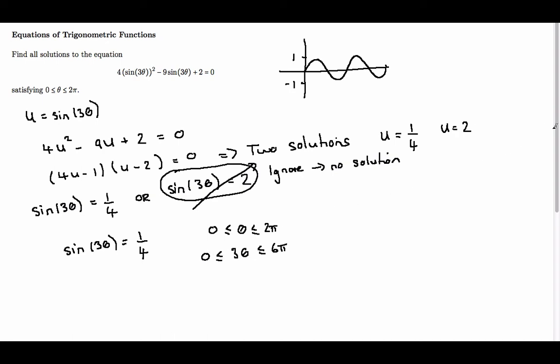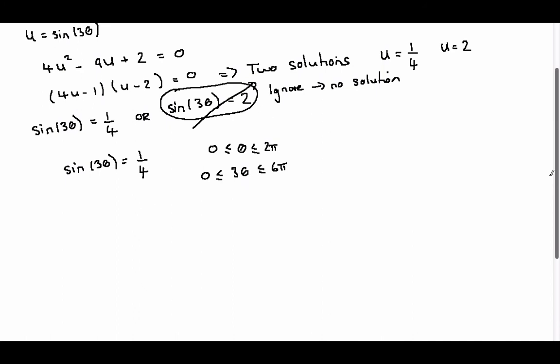What we'll do is let 3 theta be equal to x, and we see that we get sine of x is equal to 1/4, and x goes between 0 and 6 pi. So all we need to do now is solve this equation with x being between 0 and 6 pi.